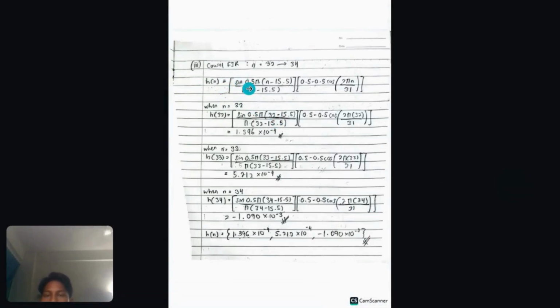And next, for the third question, we need to find the causal FIR from n 32 to 34. So from the general equation, we just need to substitute the value of n, which is 32, and we got this value.